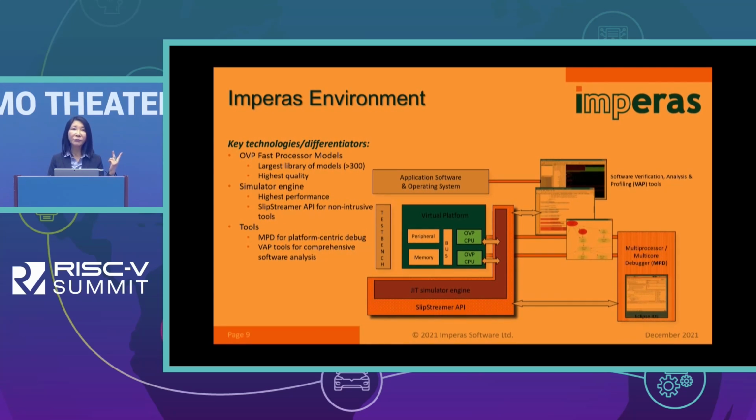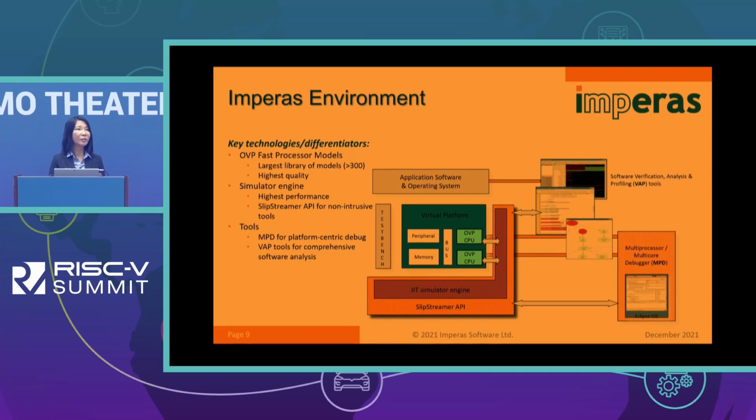So we have two high-end specialized tool sets. One is a platform-centric debugger. We call it multiprocessor debugger. Even for customers that have heterogeneous platforms, it provides a unified debug environment for them to look at the entire system. The second set of tools is software verification, analysis, and profiling tools.